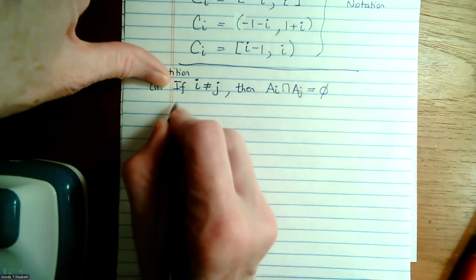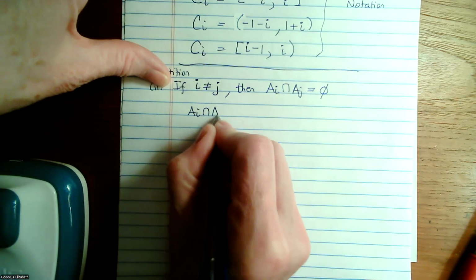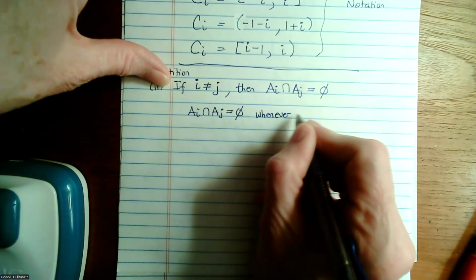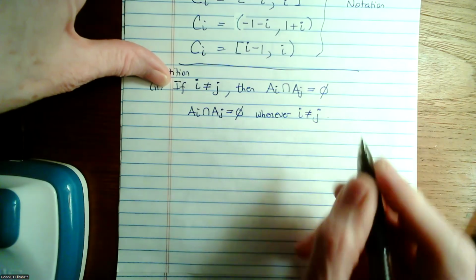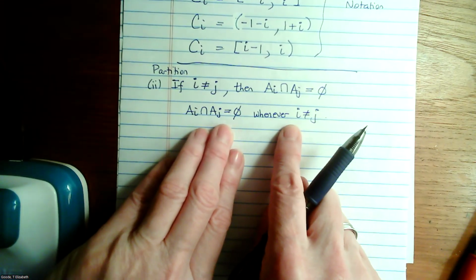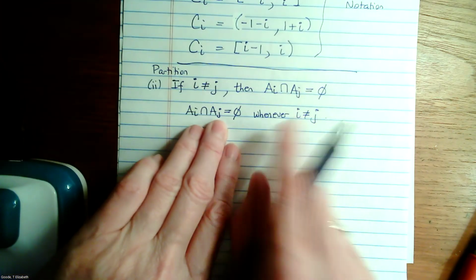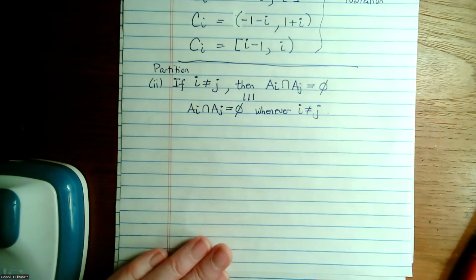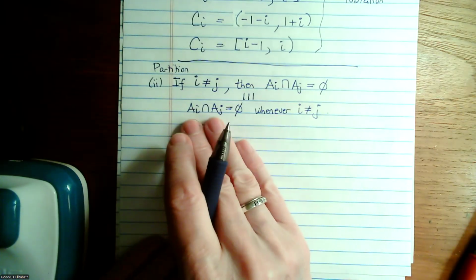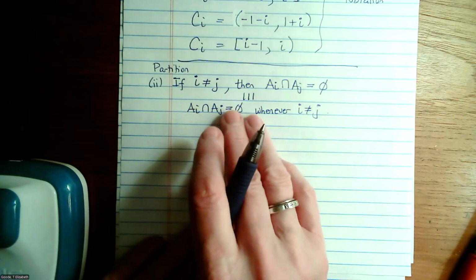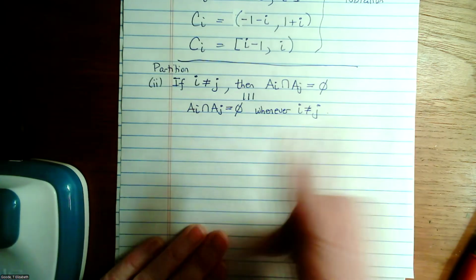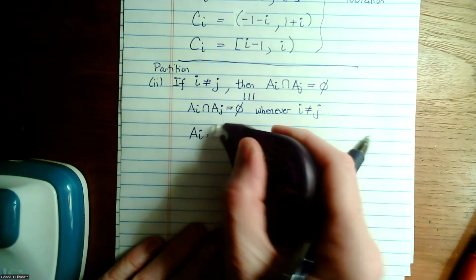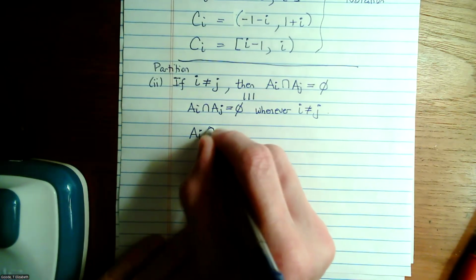This is what it means to say A sub I intersect A sub J equals the empty set whenever I is not equal to J. We didn't really study this form as being equivalent to if then, but it is. These mean the same thing. This is A sub I intersect A sub J equals empty if I is not equal to J. That's really what that means. So it isn't if then, but it's written kind of backwards.